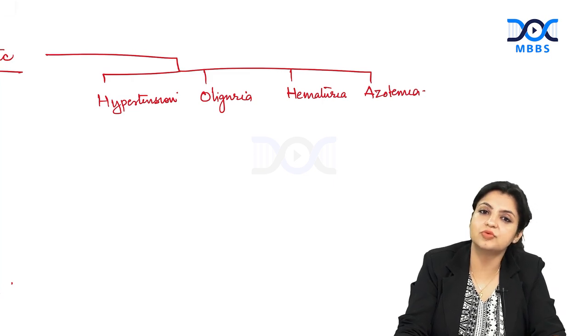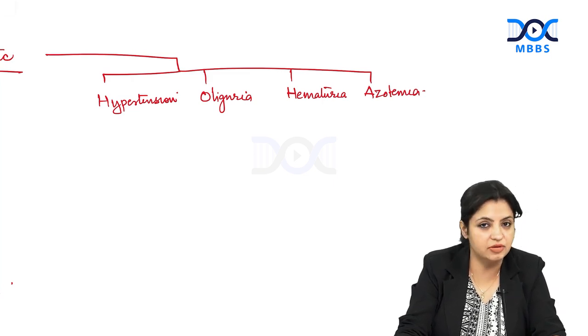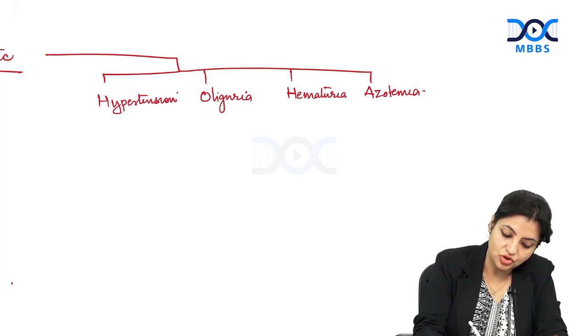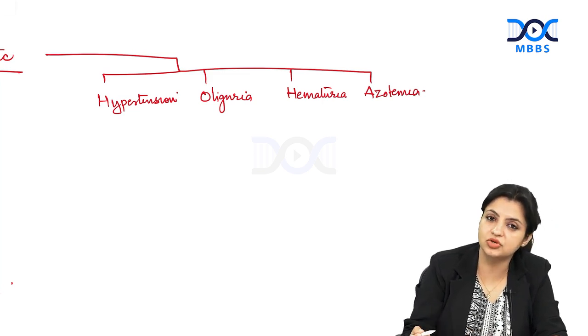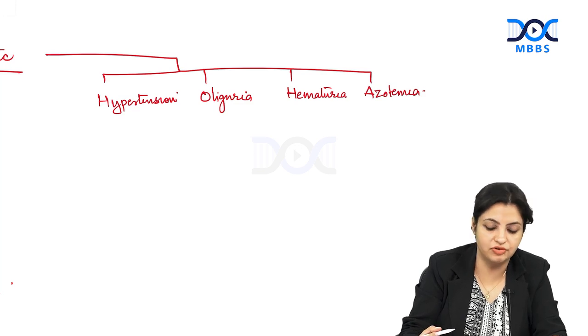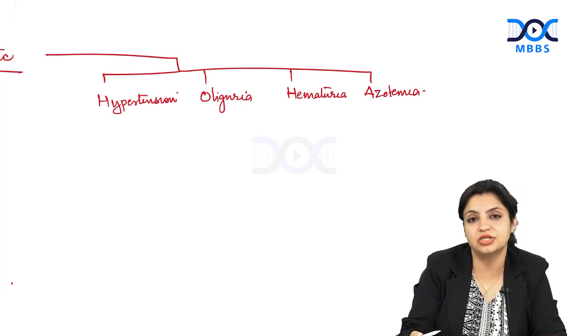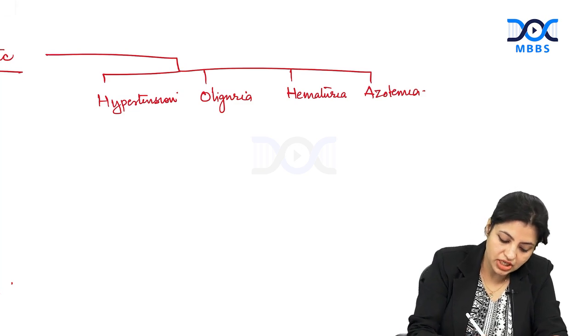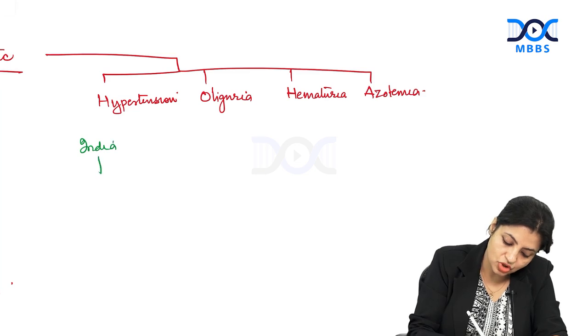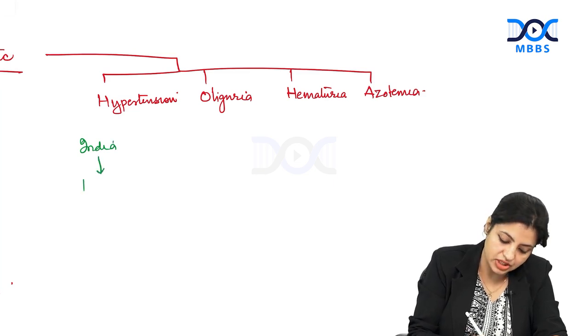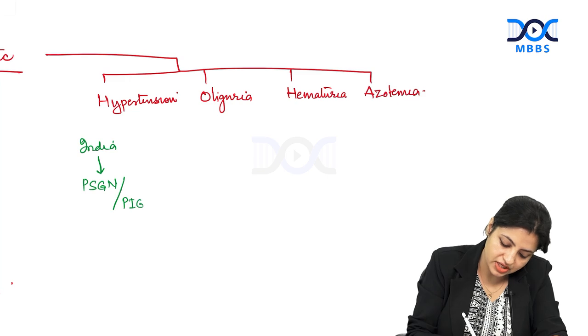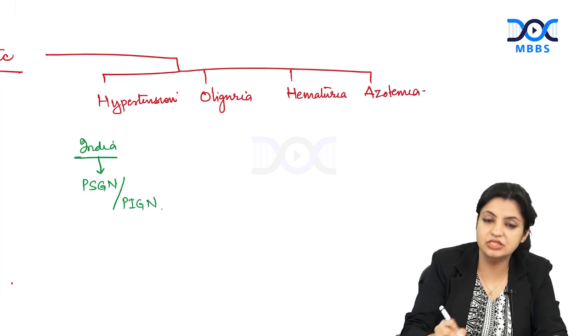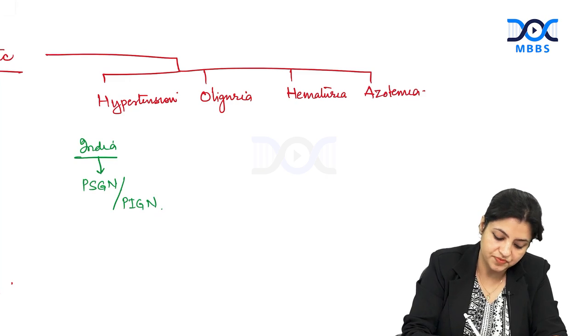So, these patients present with hypertension, oliguria, azotemia and hematuria. Also, remember that this syndrome complex is typical of acute glomerulonephritis. Again, age is the defining factor. Whenever we are talking about India, the most common cause of glomerulonephritis in India is post-streptococcal glomerulonephritis, which is also called post-infective glomerulonephritis.